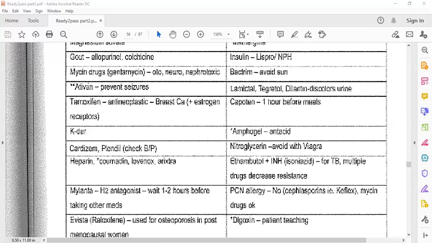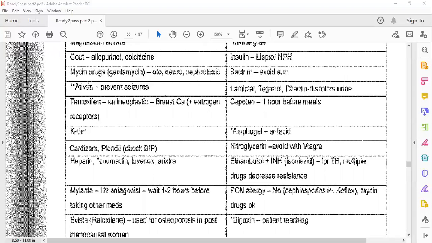And if I ask, what are the common side effects of benzodiazepines? They can cause dizziness, confusion, tremor, all of this, right?